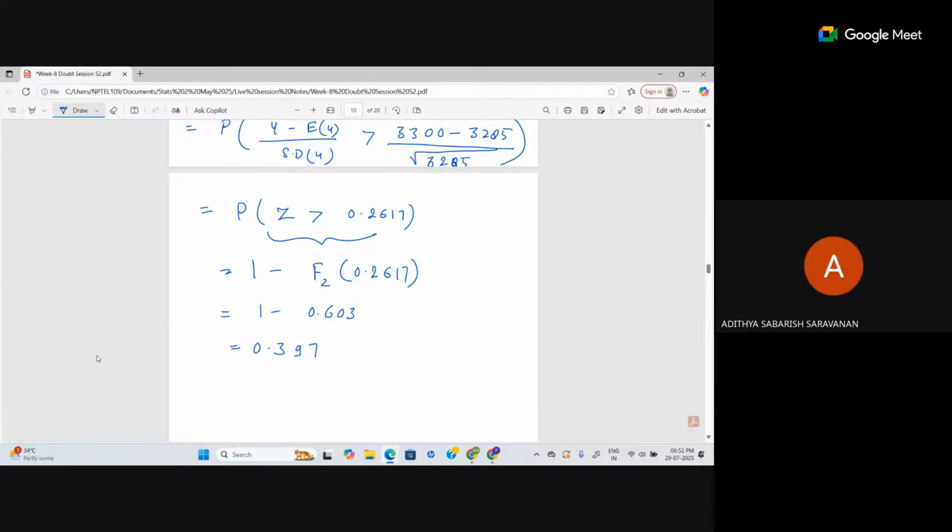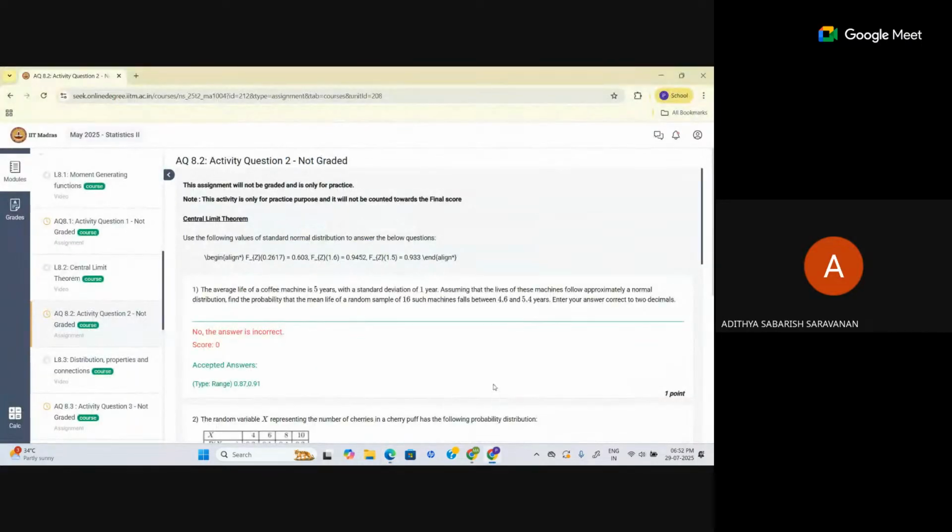Hello, ma'am. I have a question. For most of the questions, this Fz of some value is always given, but for a few graded assignment questions, these are not given. I found three graded assignment questions for which the Fz value was not given, so I was not sure how to enter the value there. Okay, if it's not given, then you can use the normal table.